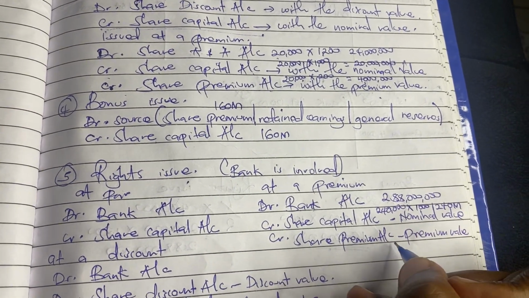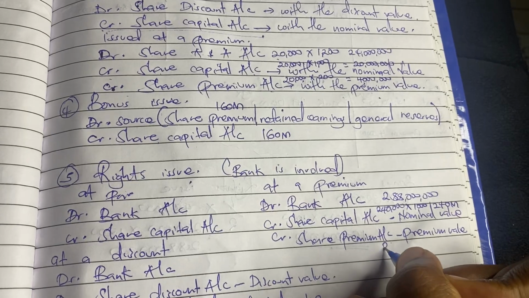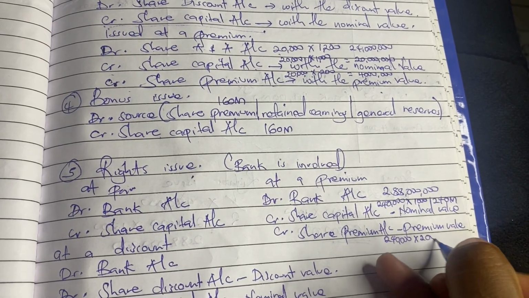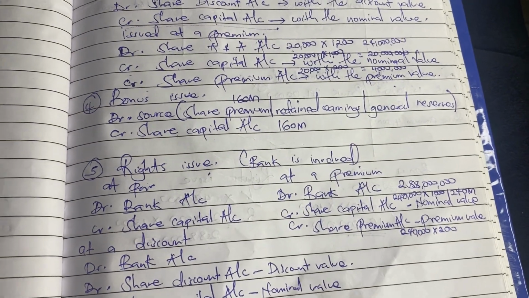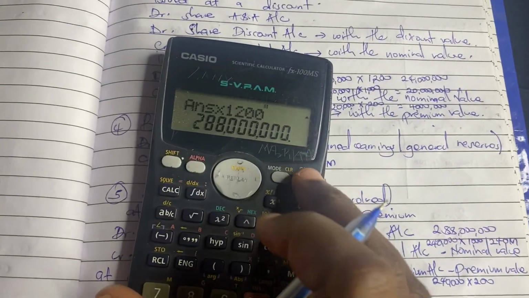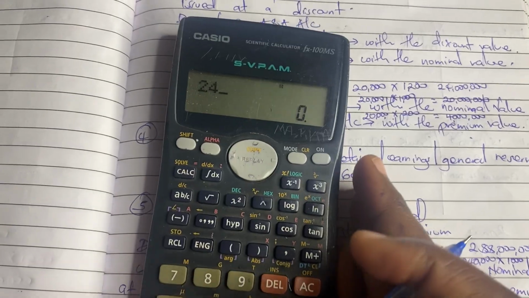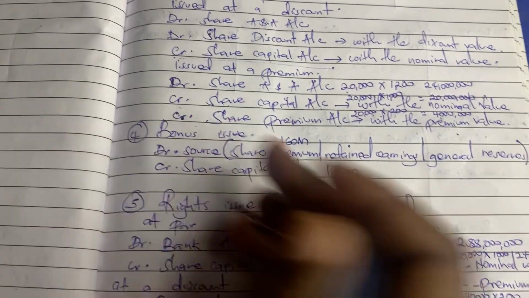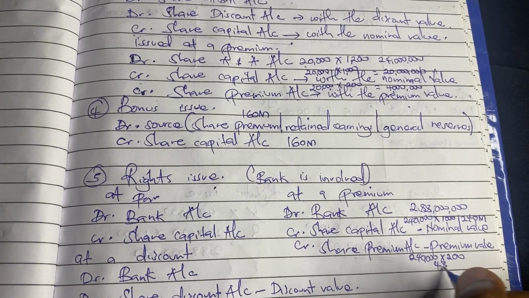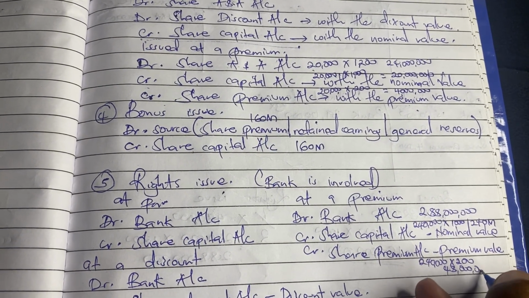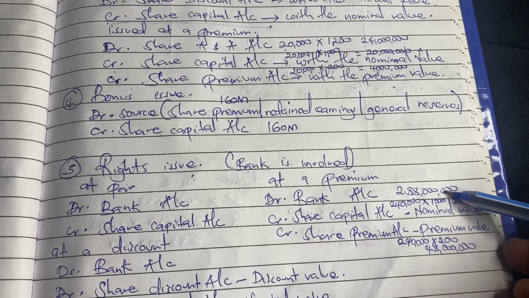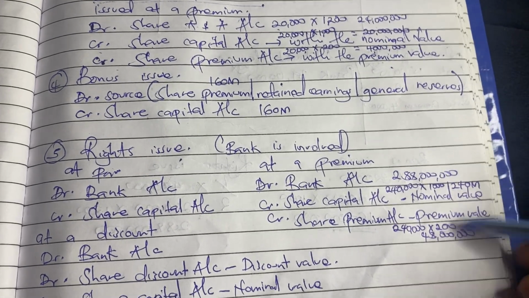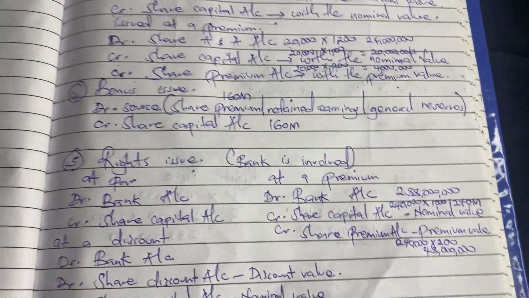Then we also credit the share premium account with a premium value, so 240 times the premium value, which is 200 shillings. So 240,000 times 200, what you get is 48M. So we are going to debit bank account and credit share capital and then share premium, like that.